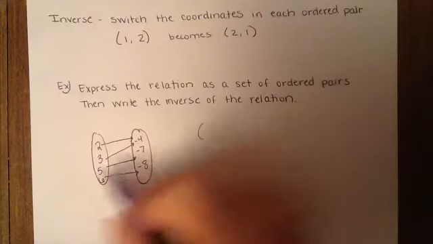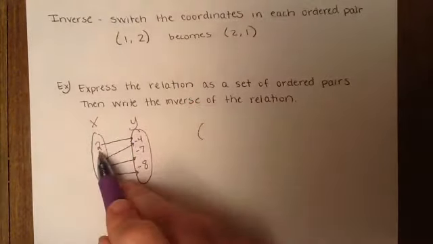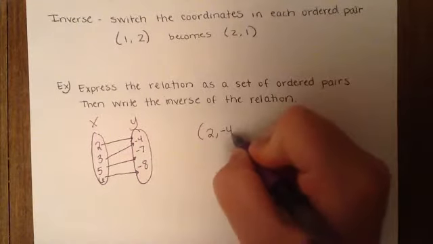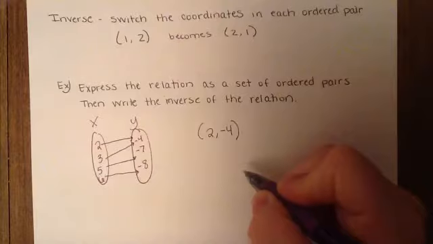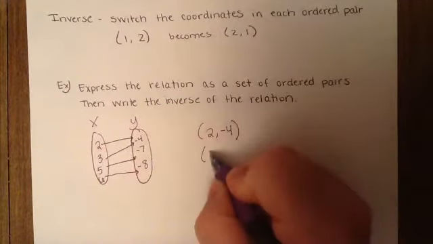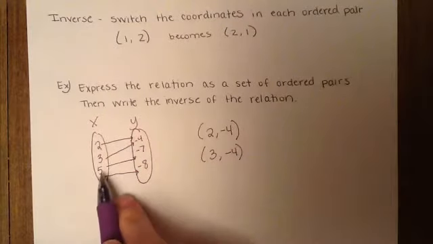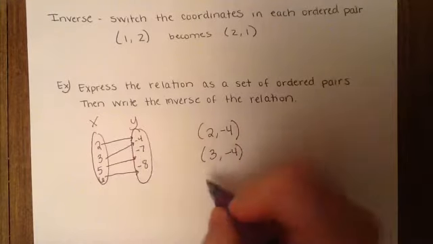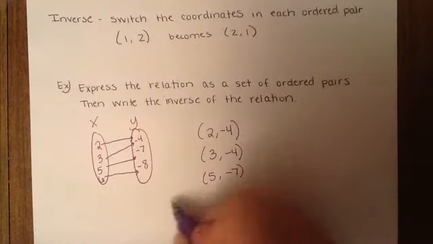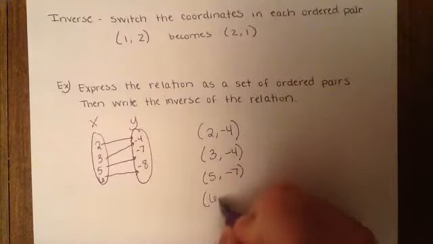So when I look at the 2, this is my x value and my y values. The 2 matches with the -4, so there is an ordered pair. What's our next ordered pair? 3 goes with -4. 5 goes to -7. And lastly, 6 goes with -8.